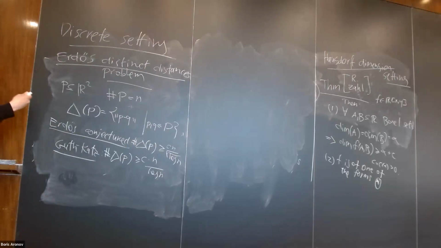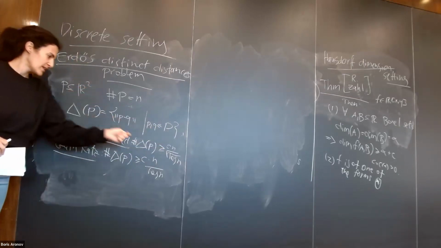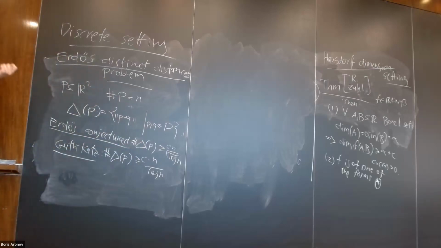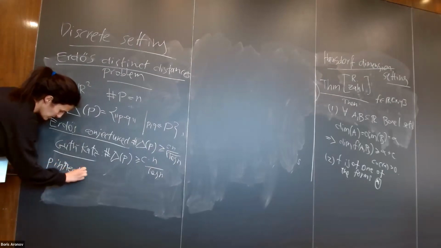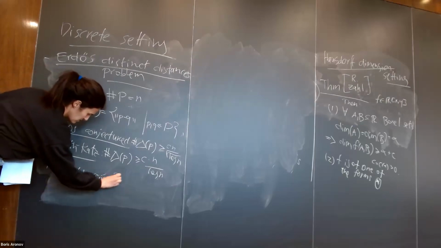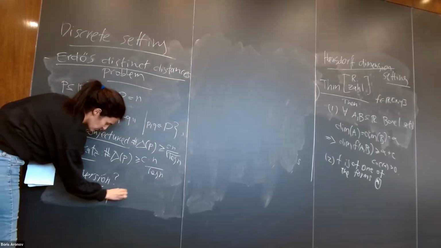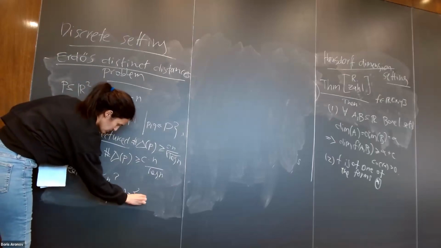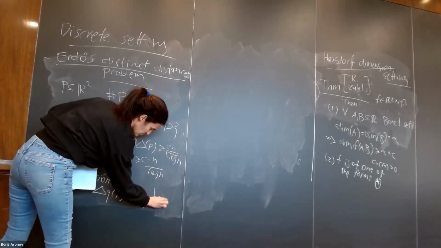And I also want to mention, because I will need it, that one can also ask about the thin version. So maybe not only is the number of distinct distances large, maybe there is one point of P that will be a witness that there are many distinct distances. So we consider the distinct distances from one specific point q.